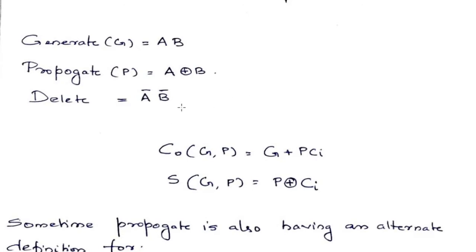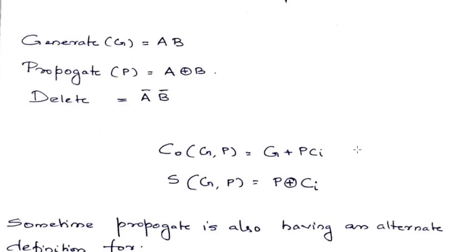There are two methods in which we can reduce a function: we can reduce the adders using logic functions and using circuit functions. It is an easier method to express adders using generate and propagate.